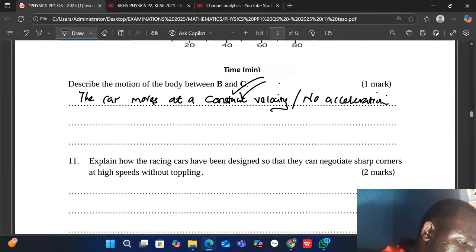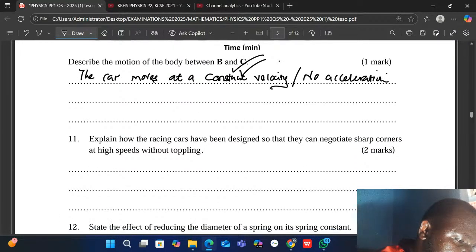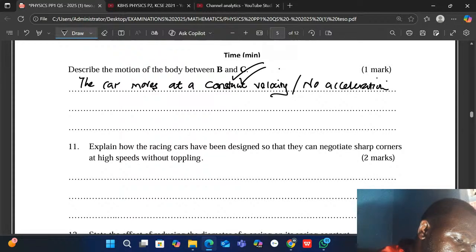Explain how the racing cars have been designed so that they can negotiate sharp corners. Remember these cars, the chassis are almost hitting the ground. So this design makes the COG to be at a low point.